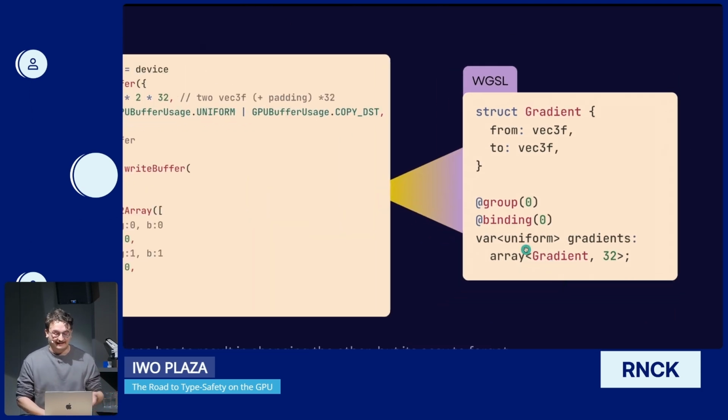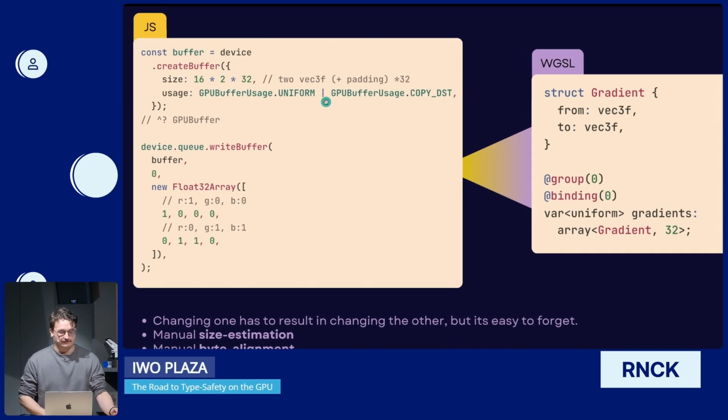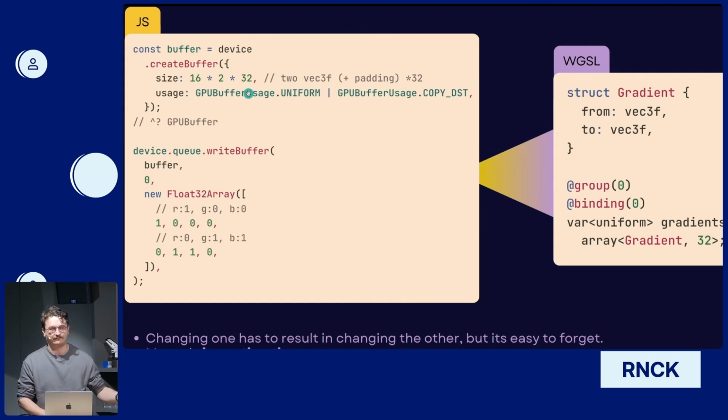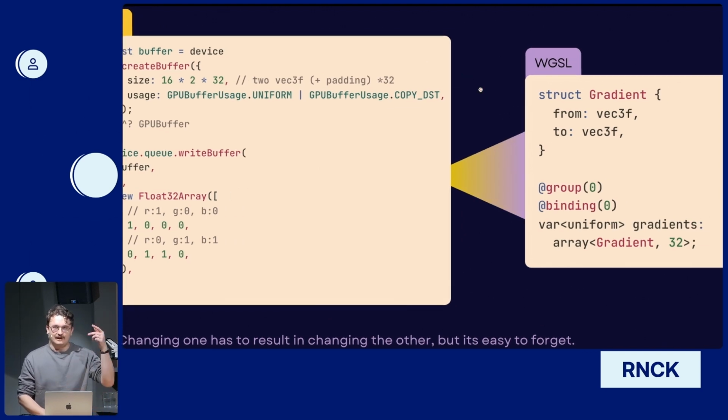The problem is that this type safety just vanishes when we cross the boundary between WGSL, which is the language, and JavaScript. So we just malloc. We just create a buffer manually. We have to estimate what size it has. So we have to remember, okay, this is a vector of 3 elements, but in WebGPU, all the data has to be, or I guess the vectors have to be, aligned to 16 bytes, at least the vector of 3 elements that are floats.